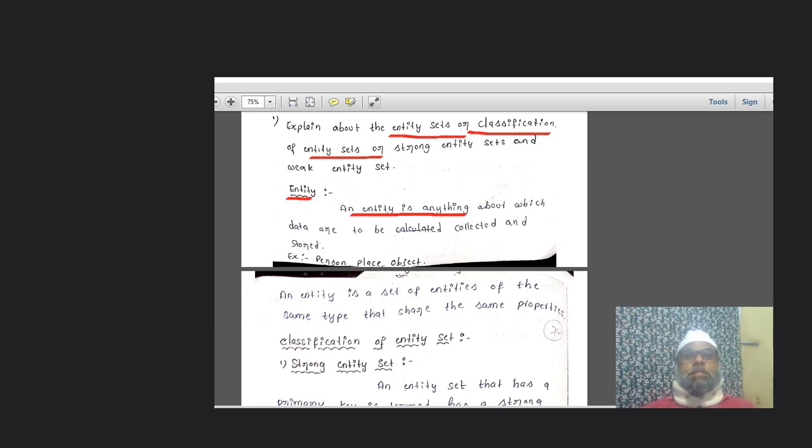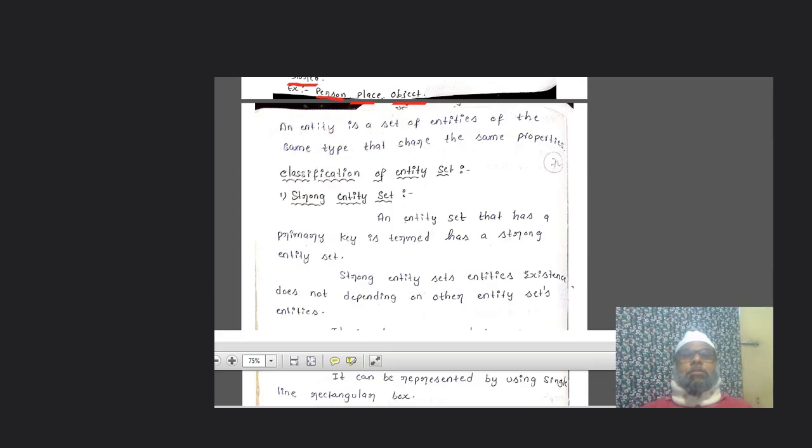An entity is anything about which data are collected and stored within an entity set. Persons, places, and objects are examples of entities.